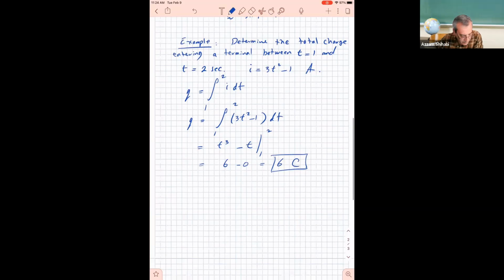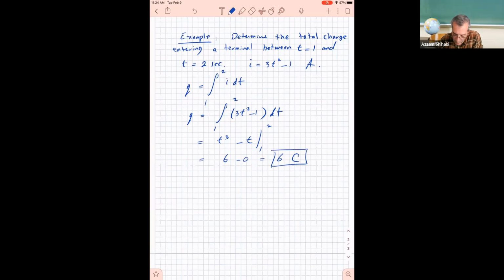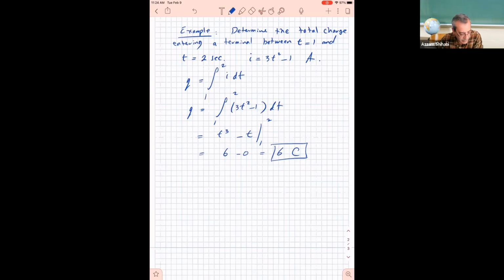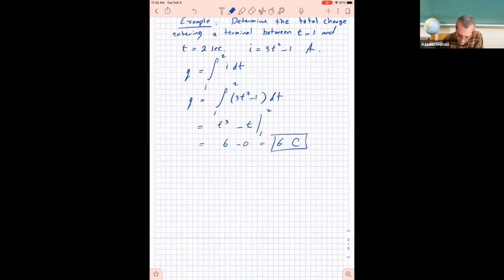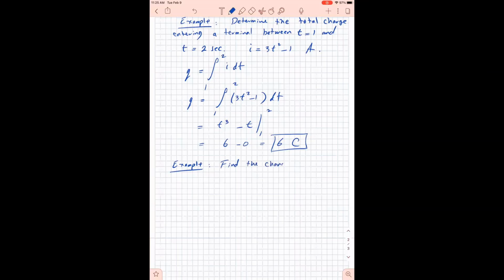Dr. Chiave, yes. Your integral of 3t squared minus t, I believe, right?